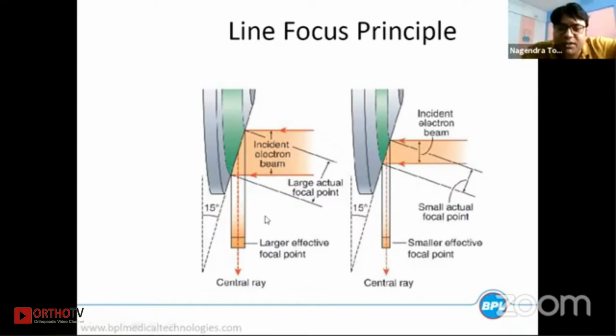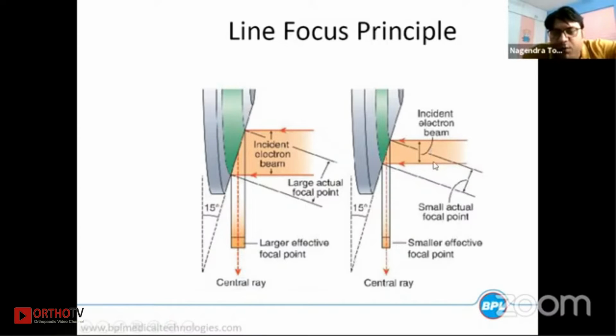So you can see the effect here: if your target angle is fixed, that is 15 degrees, and you have an incident electron beam of this size, the left side is bigger and the right side is smaller. The target area is called the focal spot. You will see that the central ray, which we call the effective focal spot, is large if you have a large actual focal spot.